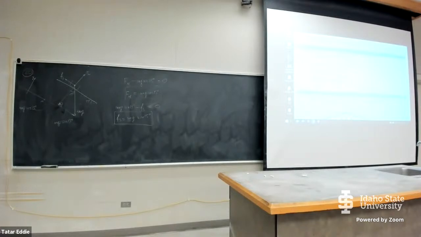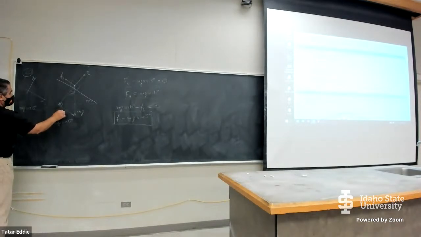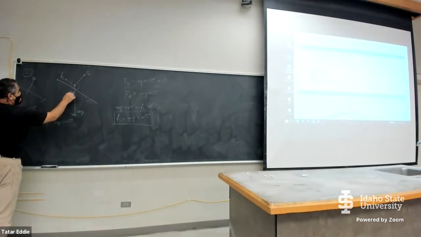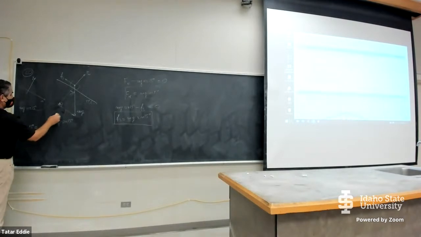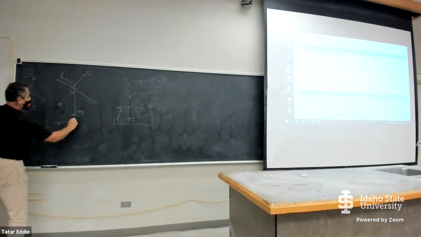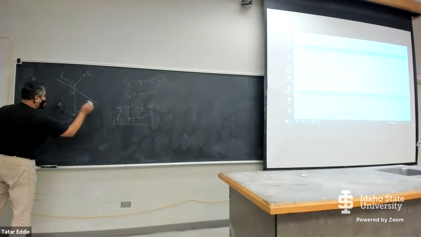Why is it mg times sine or cosine? Yeah, this is a good question. Let's see this one. By definition, the sine of an angle is the opposite side divided by the hypotenuse. The hypotenuse is mg, and the opposite side, well, I have to put a name to it, Fx, let's say.